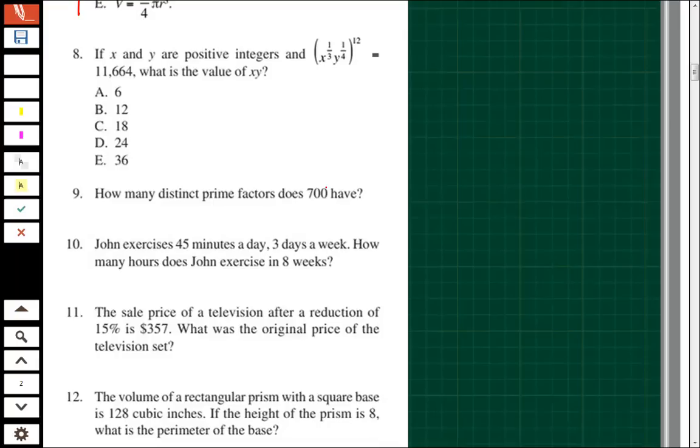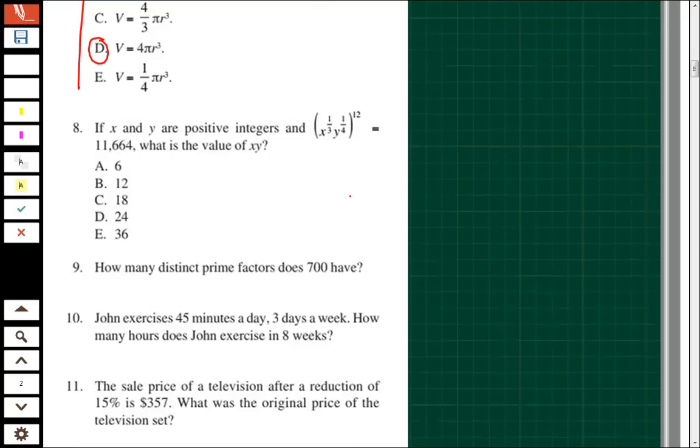If S and Y are positive integers and S raised to the power 1/3 times Y raised to the power 1/4, and the whole raised to the power 12, we can write S raised to the power 12 divided by 3 times Y raised to the power 12 over 4.